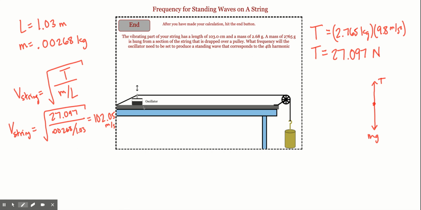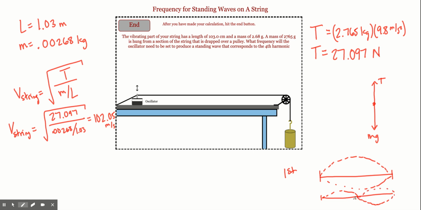So if the velocity on the string is that fast, and I want to hit the fourth harmonic, for the record, if this is the length of the string, that would be the open note of the string. That is the first harmonic. The second harmonic would look something like this, where there's two antinodes, right?